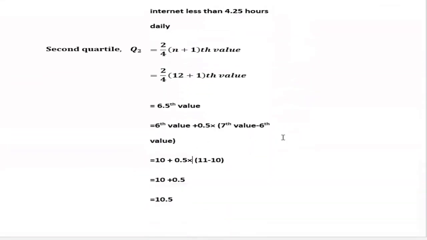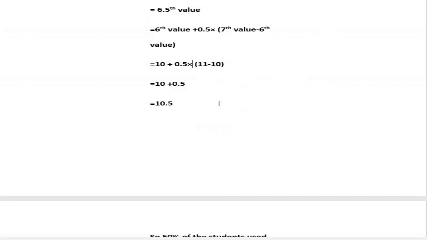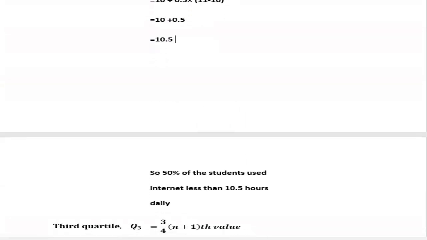So we get 11 minus 10, multiplied by 0.5. After the calculation, you will get 10.5 hours. That is the internet usage in hours. As we know from the definition of quartile 2, 50% of the students use the internet less than 10.5 hours, or you can say 50% of students use the internet more than 10.5 hours.